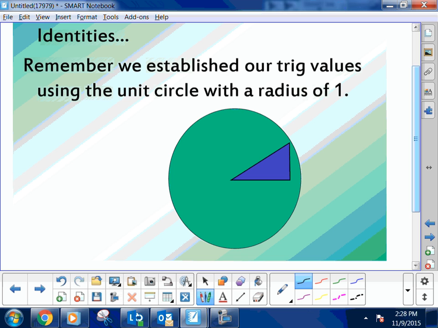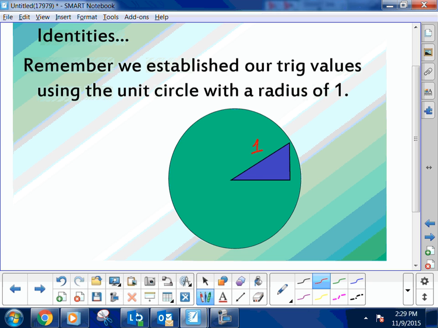One of the first things that you have a lot of experience with is the Pythagorean theorem. We made it very clear, a very important fact, that the radius on any triangle inside the unit circle was a radius of 1.